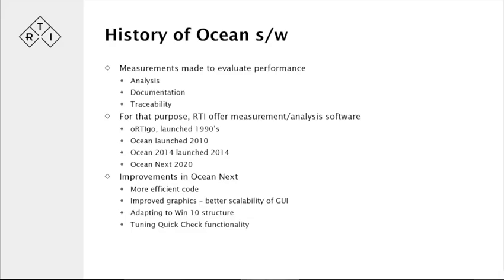We've tuned Quick Check a little bit, figured out what is actually being used there, and focused more on what the users were actually using it for. So we've adapted Quick Check for that. Looking at the higher license levels, we've simplified the template and measurement file structure in Ocean, to make it more logical and easier to use. So that's in brief the improvements that we've made for Ocean Next.